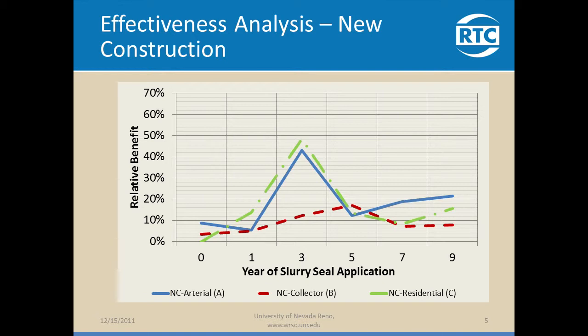And Matt earlier was talking about how that data showed that there was a 5% benefit to chip sealing their roadways earlier. But we found if you come out here, there's this huge spike at like year 3. Between year 3 and 4, there's an enormous benefit. The blue line here is arterials. The green line's residential. I don't know why the collectors didn't show up as much.